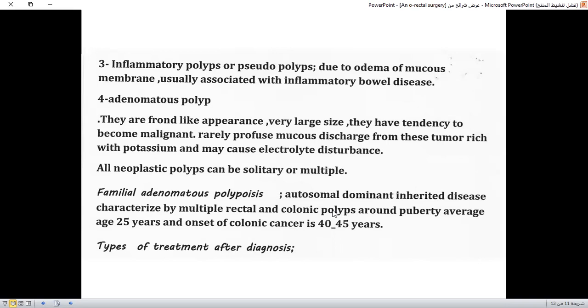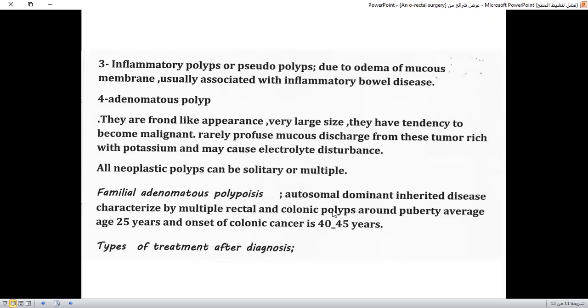Familial adenomatous polyposis, FAP, is an autosomal dominant inherited disease characterized by multiple rectal and colonic polyps around puberty, average age 25 years, and onset of colon cancer at 40 to 45 years.